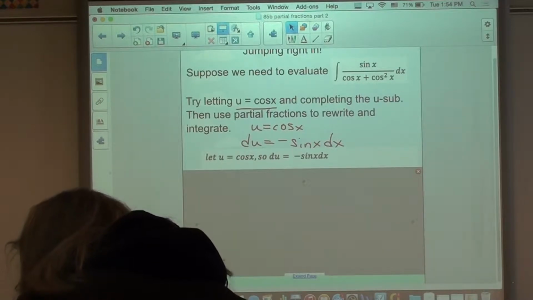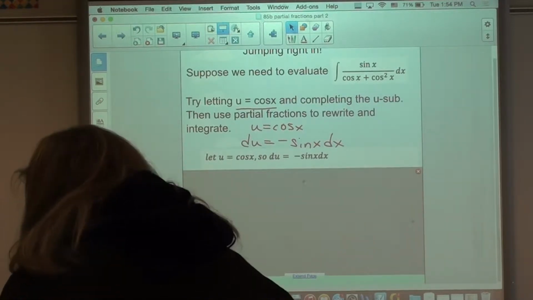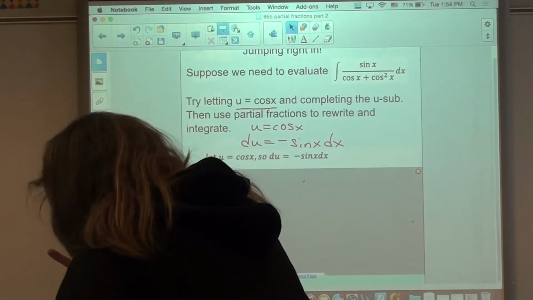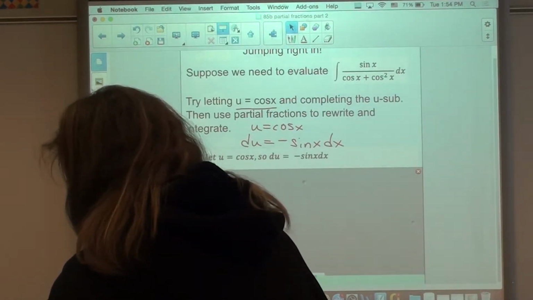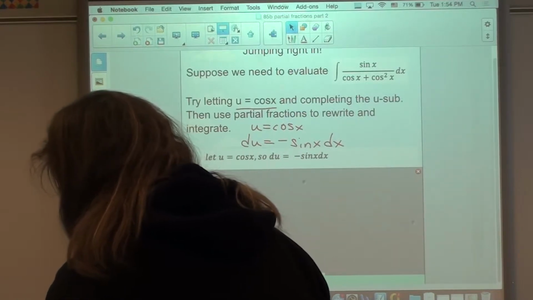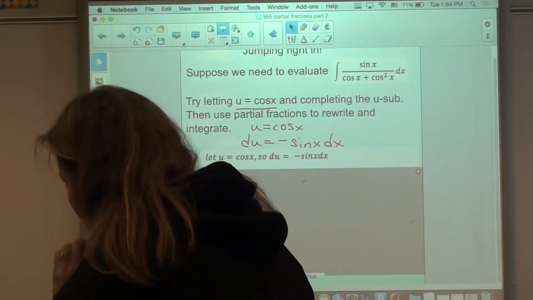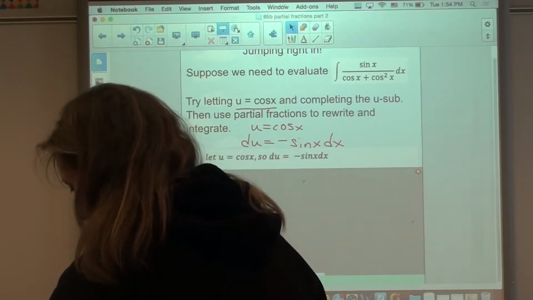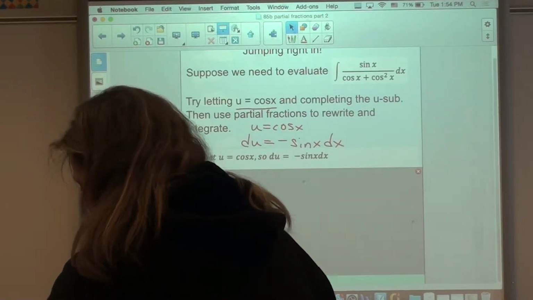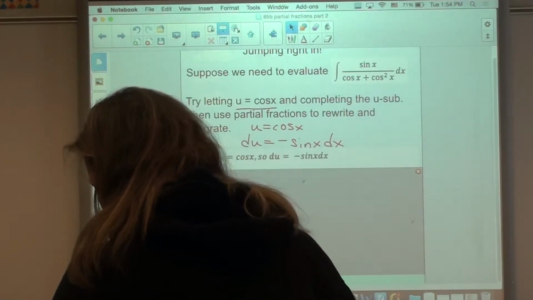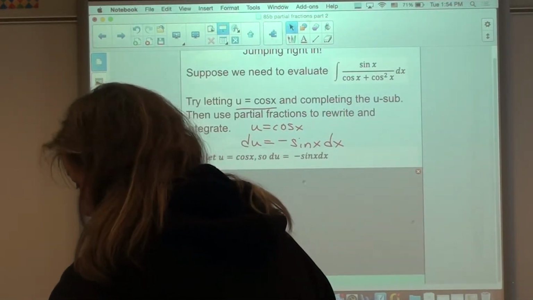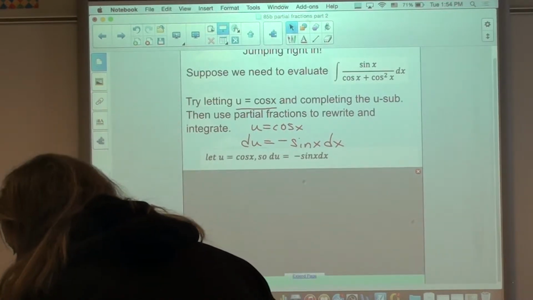You get A equals negative 1 and B equals 1. That's what I got. Okay, so you got 1 equals A times (u plus 1) plus B times u, right? And then you plug in negative 1. Plug in u as 1, u as 1 would get you 2.